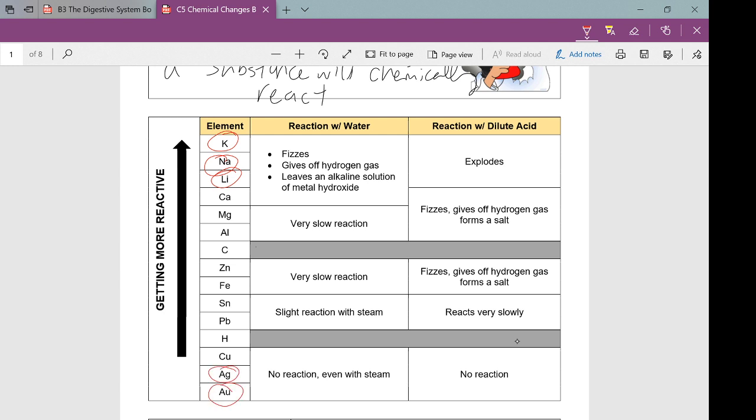We have a lot of elements in group 2 that are less reactive than group 1, but still quite reactive, such as calcium here, magnesium here, and so on.